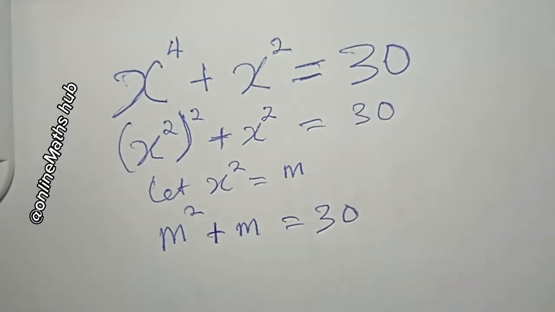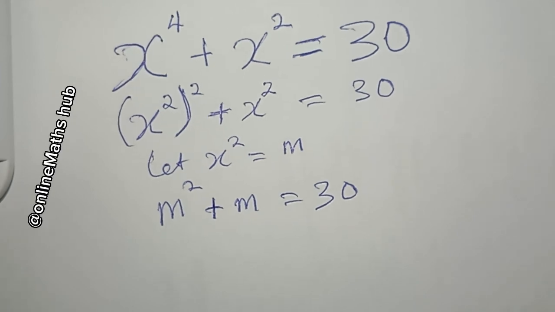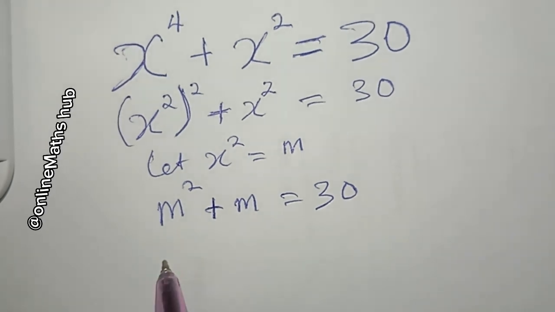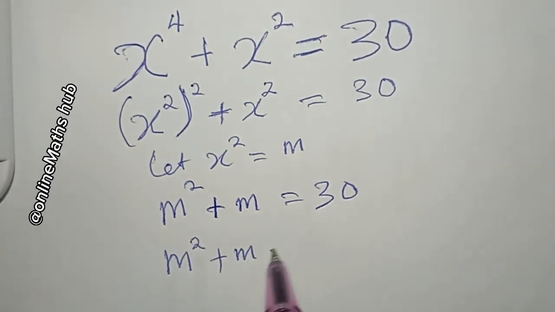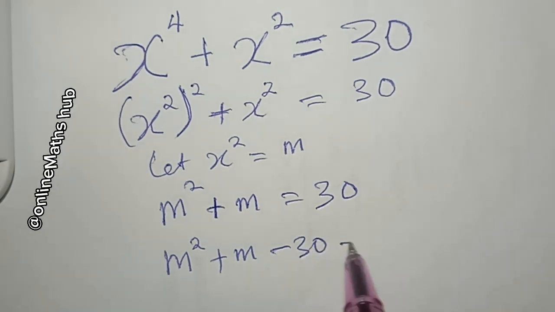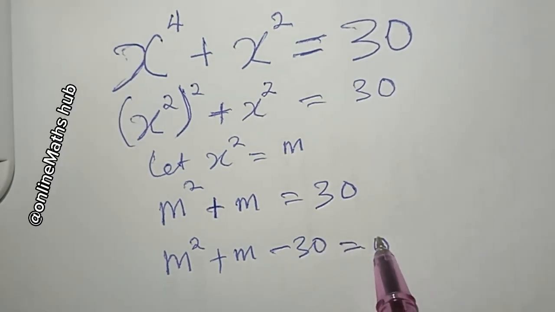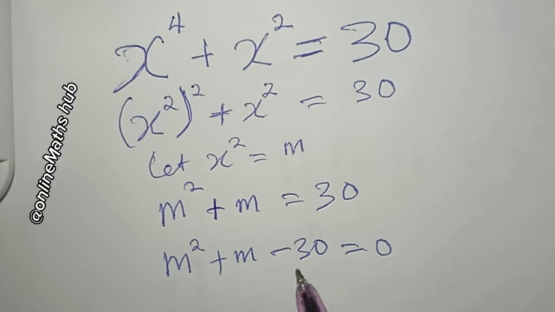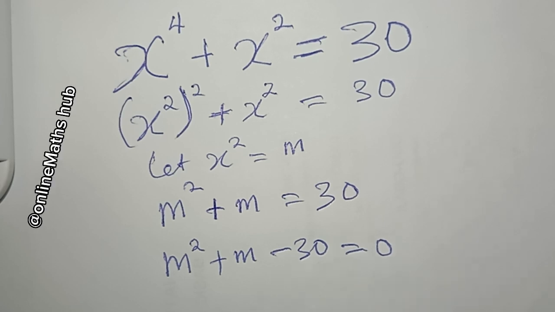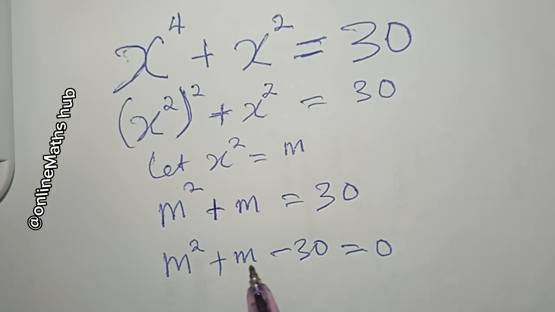I'm going to bring the 30 to the left hand side so that I have m squared plus m minus 30 is equal to 0. My job next is to find two values that when I multiply them give me negative 30, and when I sum them give me positive 1.